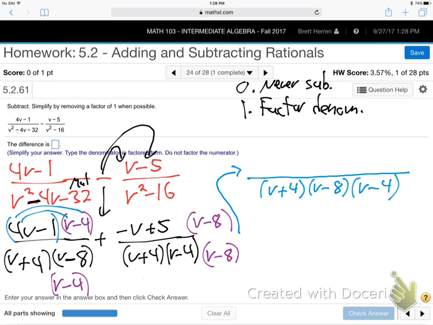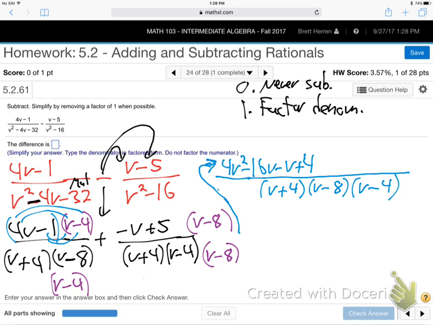What do we get? I hope I have enough room for all this. So 4v squared minus 16v, and then the minus 1 is going to go to both, minus v plus 4. So I FOILed out that first one. That good?